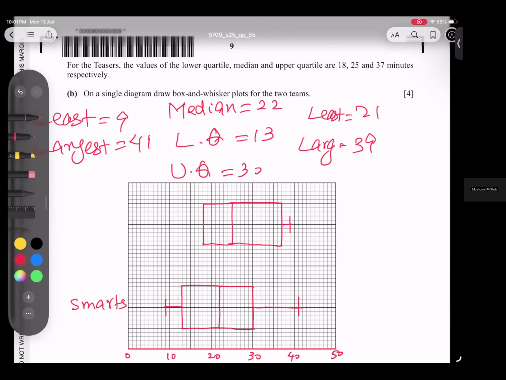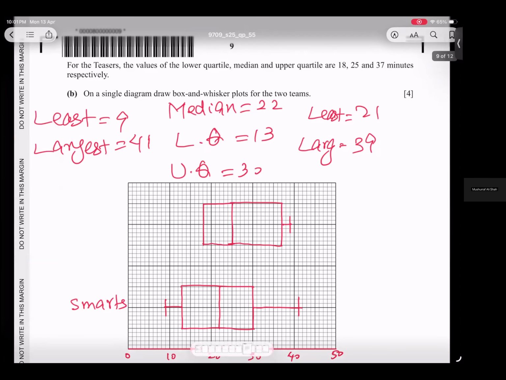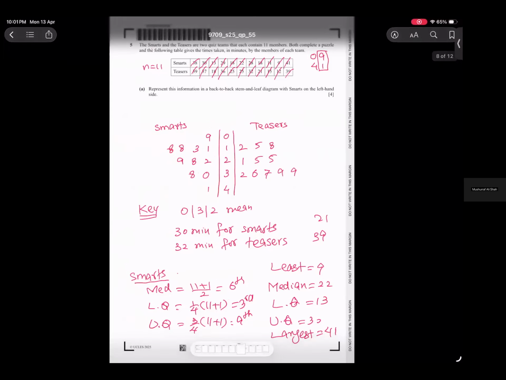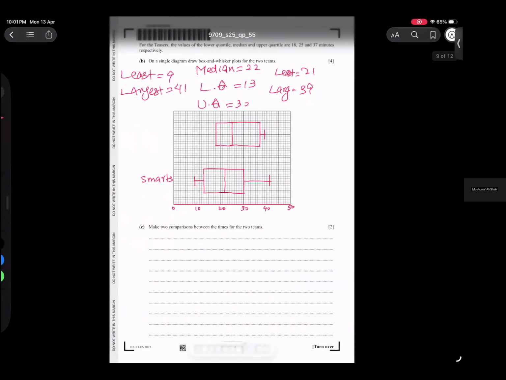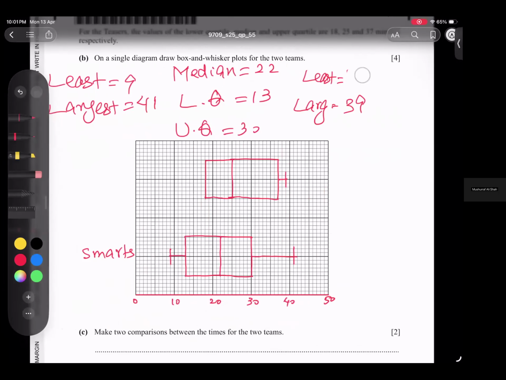Okay. And 22 is the median, and the smallest value is, wait a minute, let's go back, the least value for the other one is 12, sorry, 12, not 21. So 12 is here. Okay.